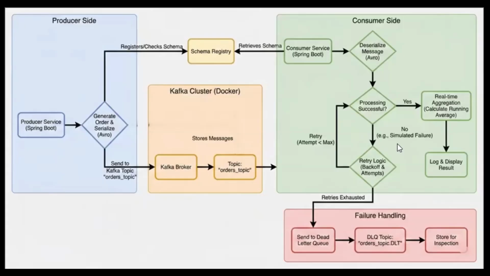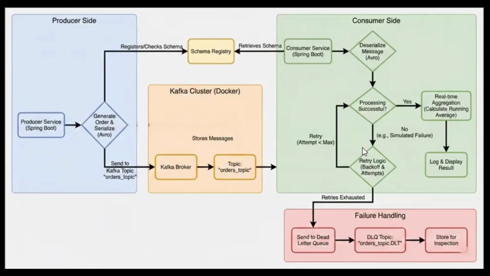If the processing fails, the flow moves down to the retry block logic. Using the Spring Kafka error handler, the system automatically attempts to reprocess the failed message up to 3 times with a fixed backoff delay. If all retries are exhausted, we do not crash the application.